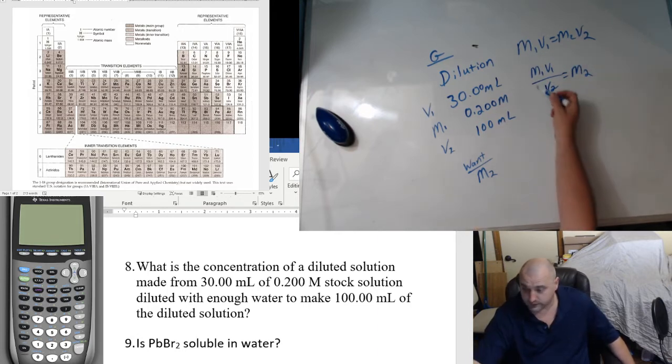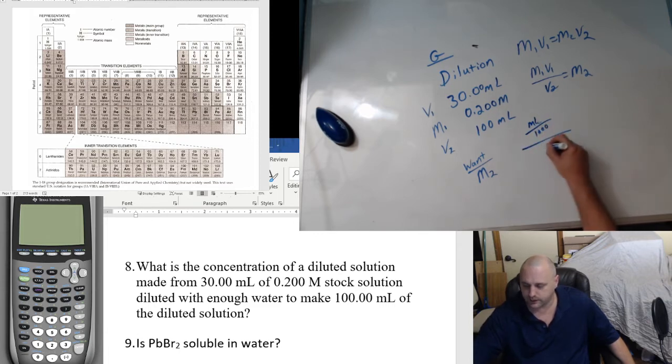Now, you'll notice that if I solve these volumes in liters, I'd have milliliters divided by 1,000 on both, and these thousands cancel out.